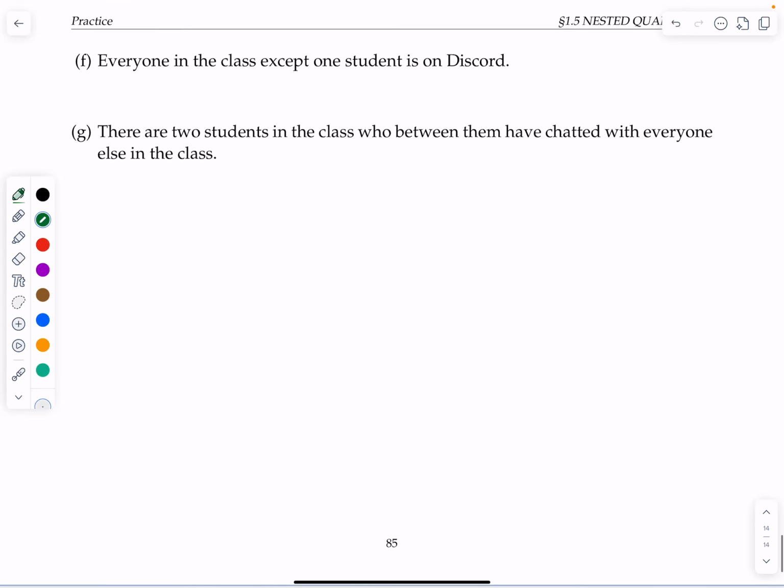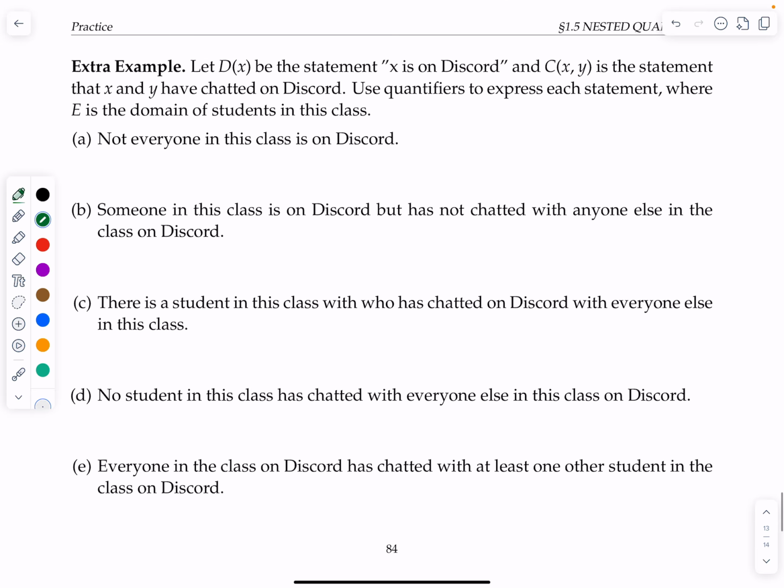All right, I think we're almost done. Not everyone in this class is on Discord, so there is someone, X in this class. I'll just say that here, let's say that we've got D for Discord and C for chatted. We're just going to assume that the domain is students in this class.